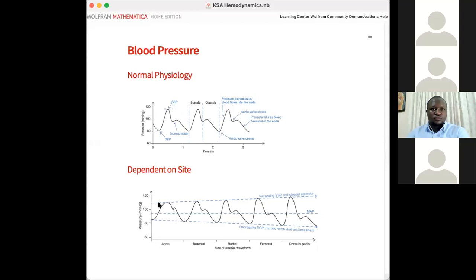As you move from the aorta to the dorsalis pedis, your blood pressure actually increases, by around 0.77 millimeters of mercury for every 1 centimeter below the heart. But your mean arterial pressure tends to remain constant. However, your systolic blood pressure tends to be overestimated as you move away from the aorta, and your diastolic blood pressure tends to be underestimated.